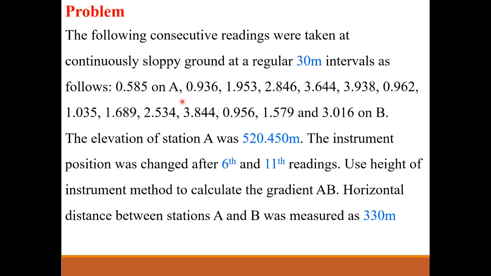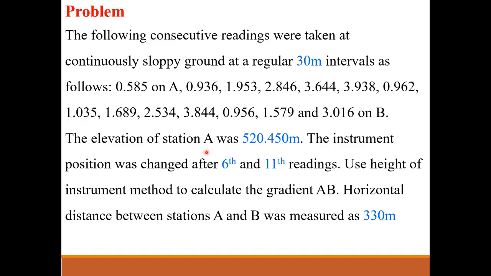Similarly, at second point, the leveling staff was held and the reading taken was 0.936. At third point, 1.953. Similarly, fourth reading, fifth, sixth, 7, 8, up to the last reading, which we named station B. Reading was 3.016. So all of these are staff readings.